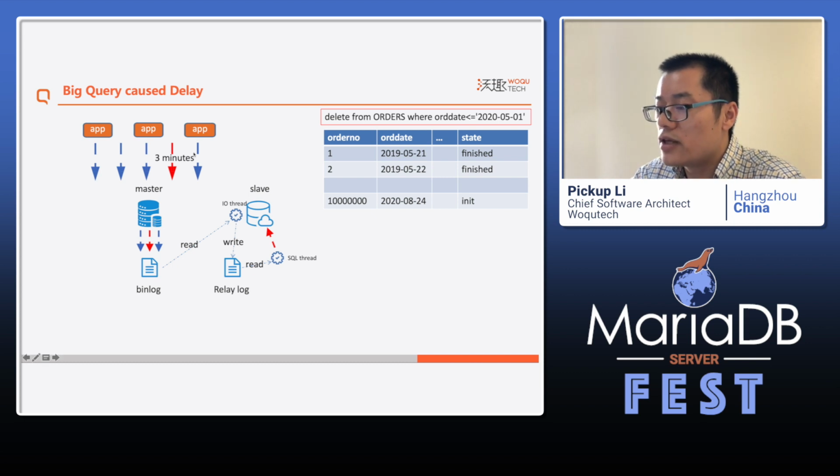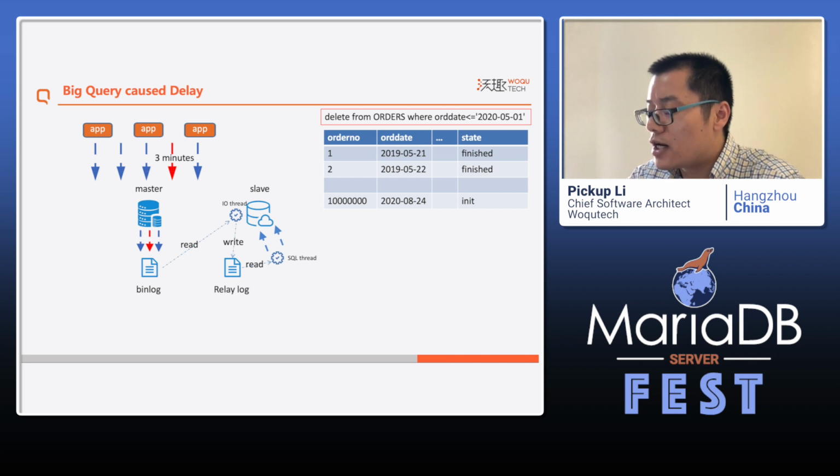This transaction executes for more than 3 minutes on the master, and will last for more than 3 minutes on the slave. Other transactions behind this group of transactions cannot start to execute before this transaction finishes. The long-running query increases replication delay, but there are many solutions for it.